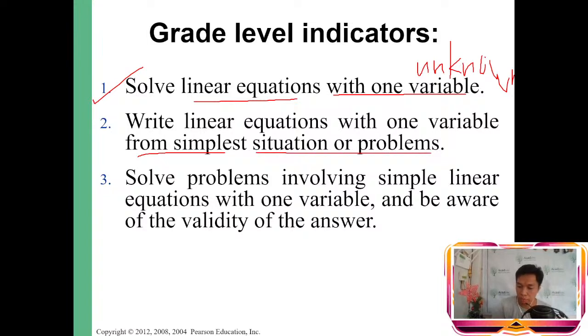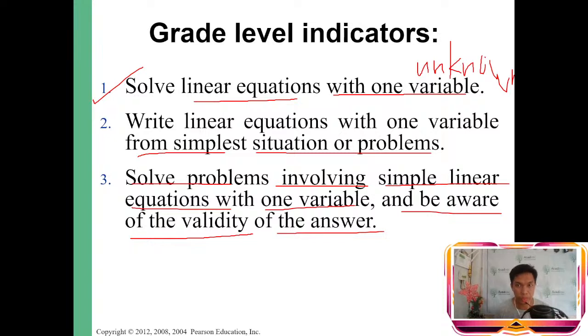That's our next indicator. Then we have another one here: solve problems involving simple linear equations with one variable and be aware of the validity of the answer. Now let's proceed on this part.